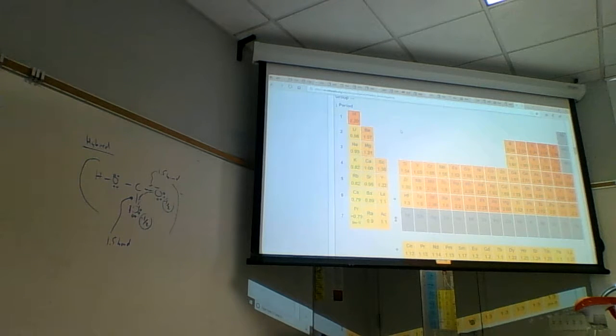Experiment 3, do you guys know what I want for experiment 3? Experiment 3 is written observations in your notebook. So I told everyone I'm going to just check their notebook for experiment 3.